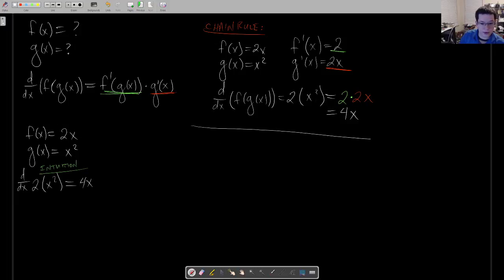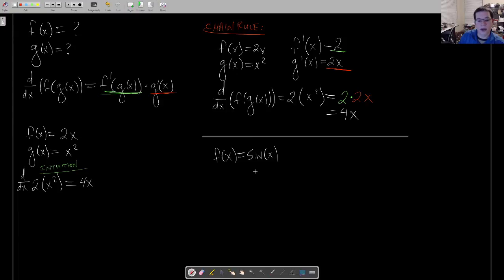So if we have f of x equals sine x, g of x equals e to the x, f prime of x equals derivative of sine is cosine, derivative of e to the x is e to the x.